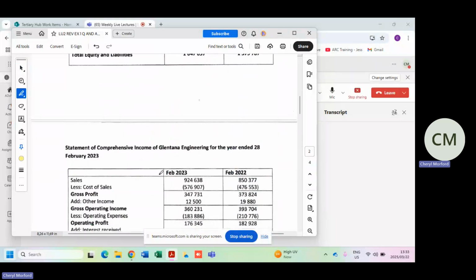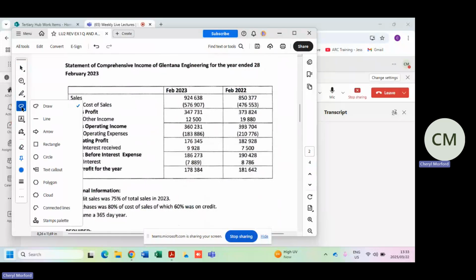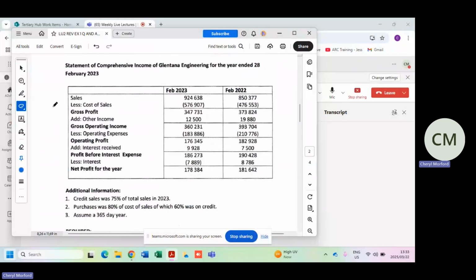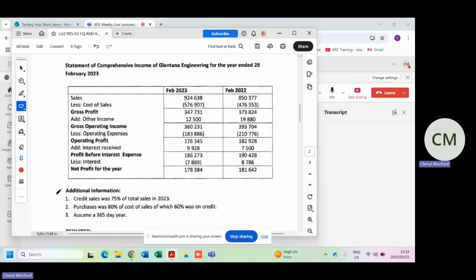It's quite abbreviated, the income statement, and it wraps up with the net profit for the year. Then always pay attention to any additional information or notes that are provided. You will not be able to get going with the question unless you pay particular close attention to what is here.